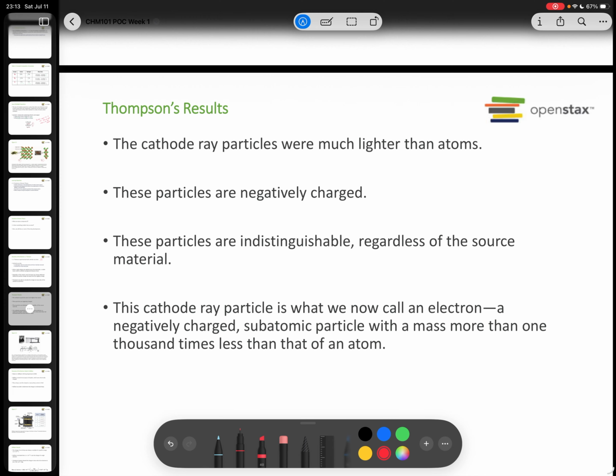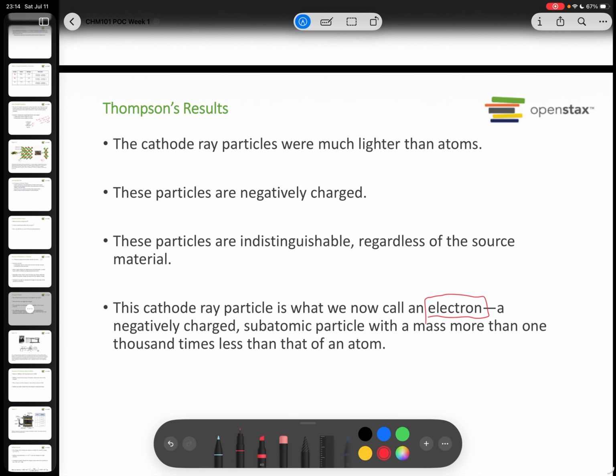So hindi siya specific sa isang atom. Hindi siya nagbabago ng property. Today, ngayon, we call this particle the electron. So yun yung discovery ng electron. So the electron is a negatively charged subatomic particle with a mass more than 1,000 times smaller than that of an atom.